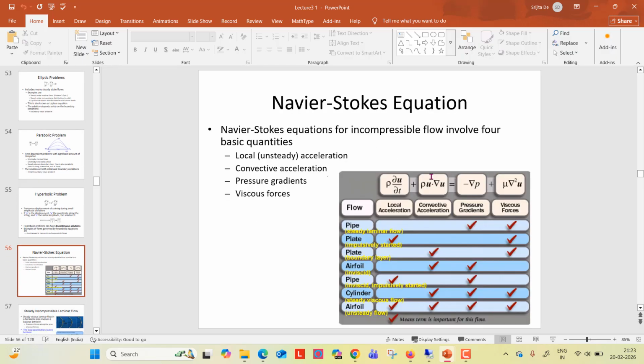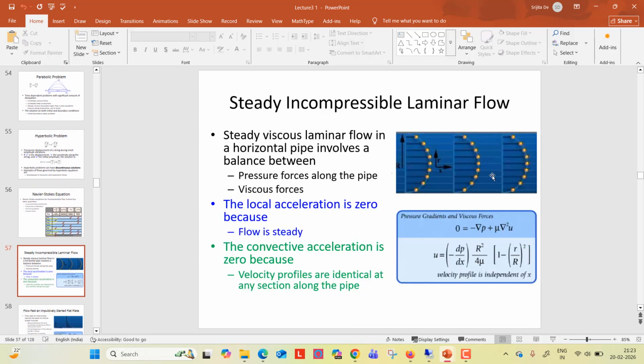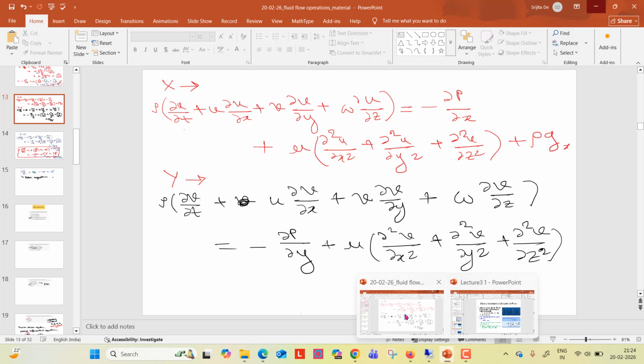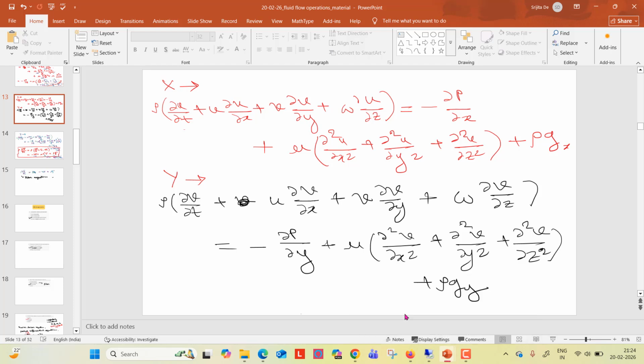So you can see here, right? This is just to compare how the nonlinear terms are there and how this is called a second order coupled equation.